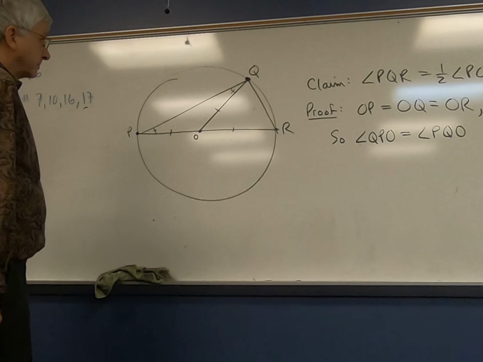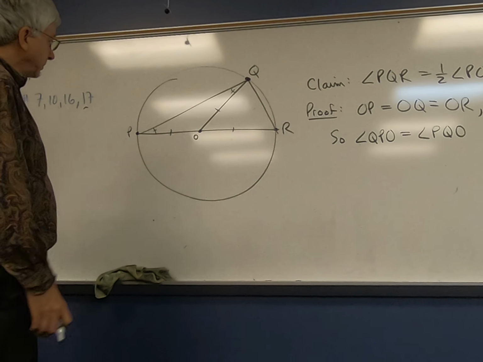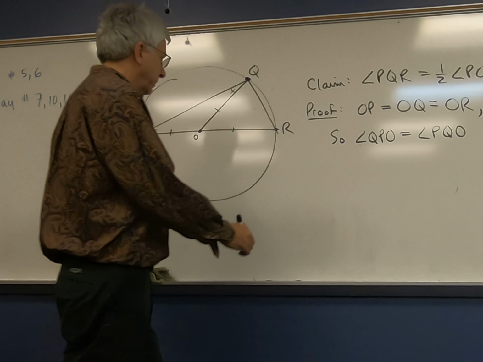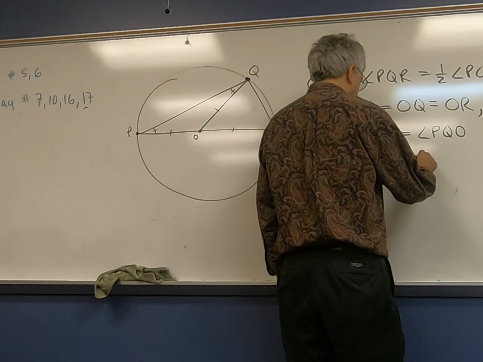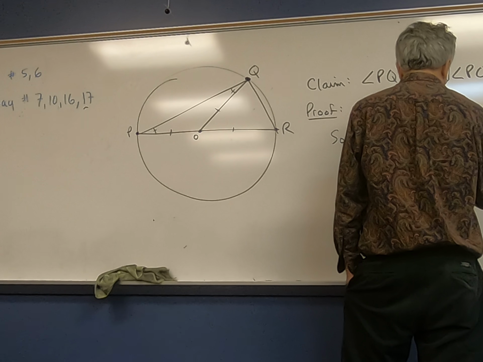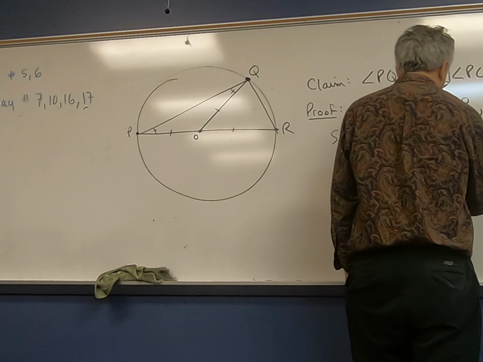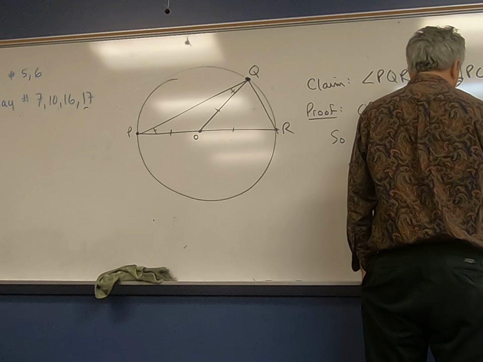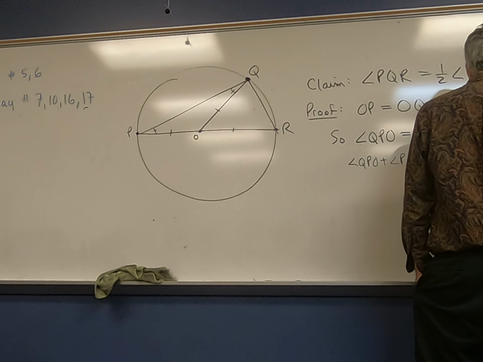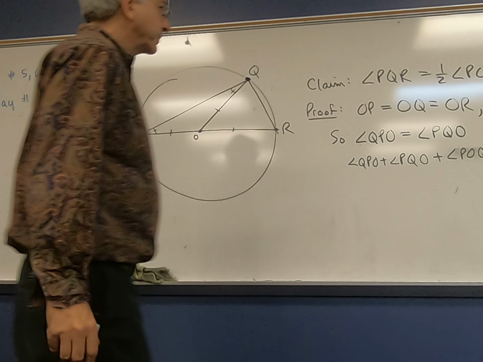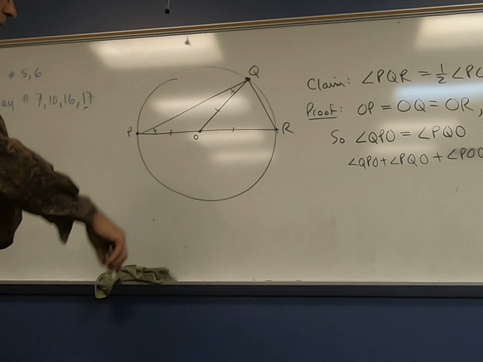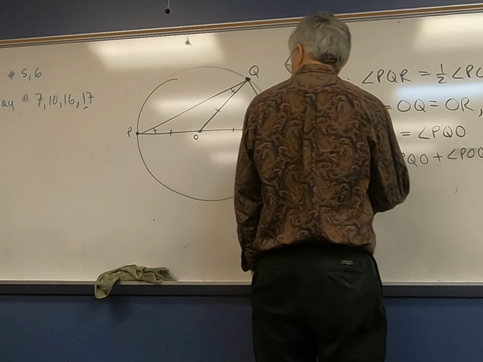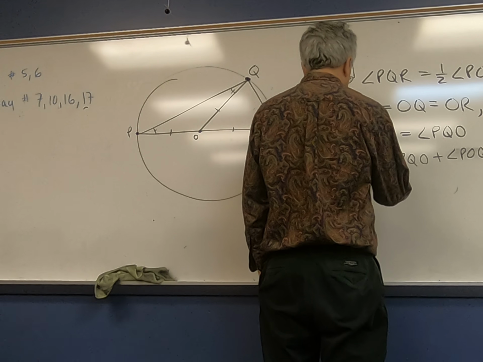Okay, so what's next? Well, we know that the sum of the interior angles of any triangle is 180 degrees, right? So QPO plus PQO plus POQ must be 180 degrees, right? But we know QPO and PQO are the same, so I can substitute one for the other.